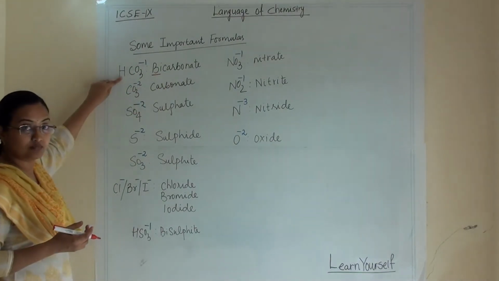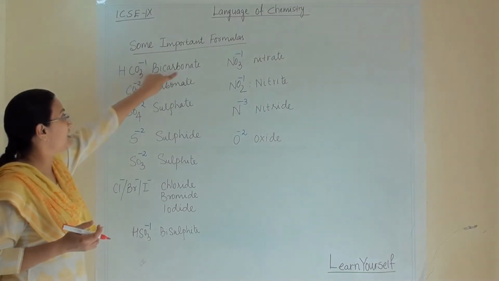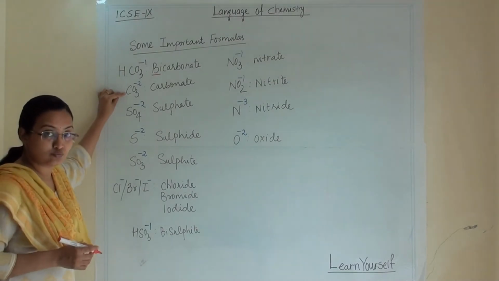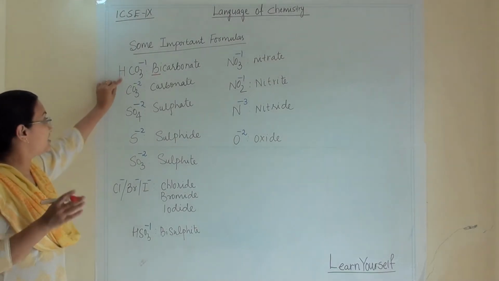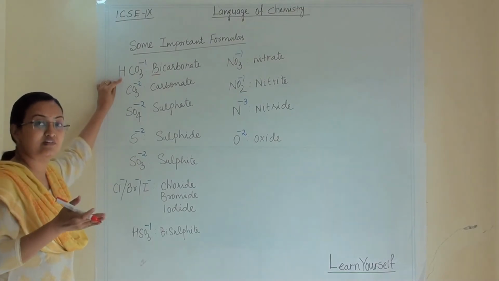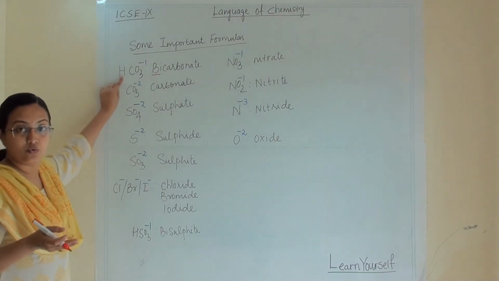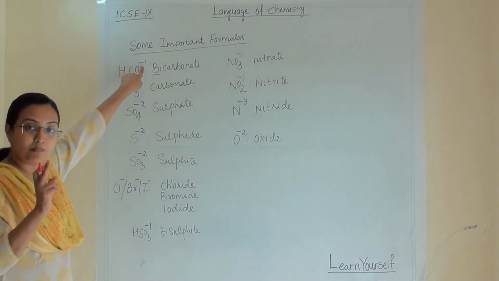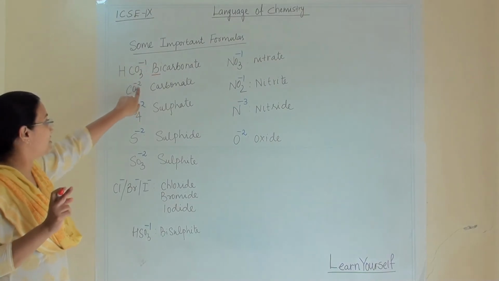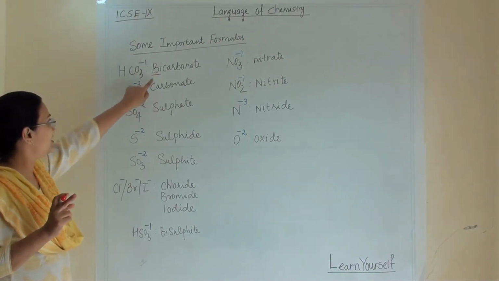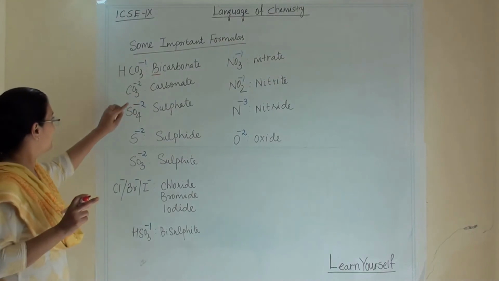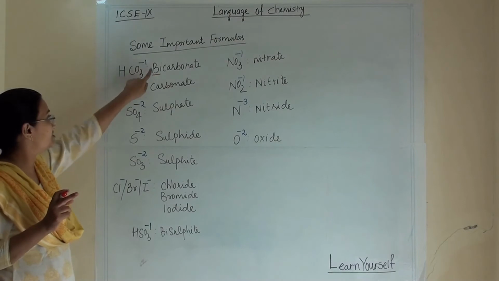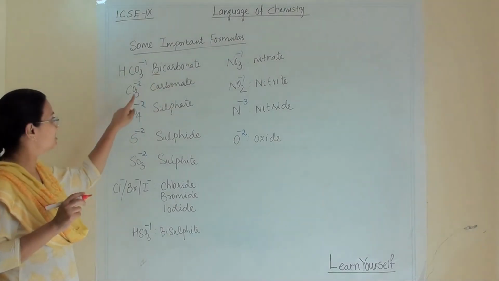When H comes here, it becomes bicarbonate. Carbonate's valency is -2, but when it reacts with H, one of its valencies goes to hydrogen, so its valency will be -1 and not -2. So this is carbonate, this is bicarbonate, losing one valency to hydrogen.